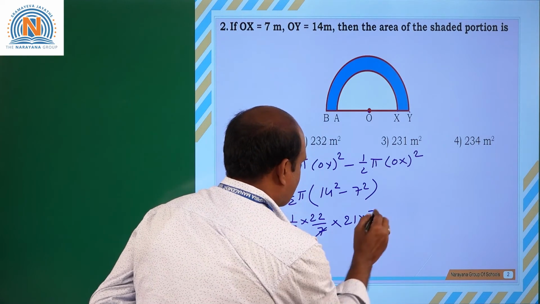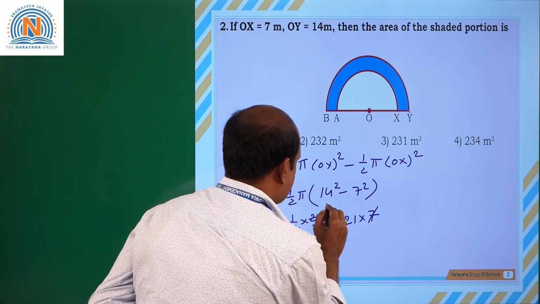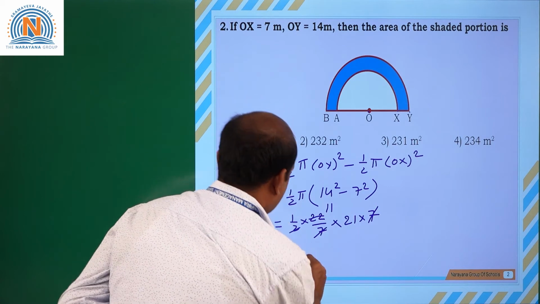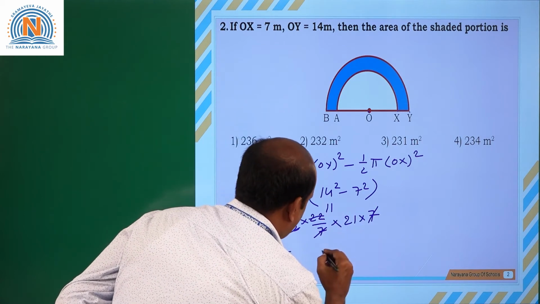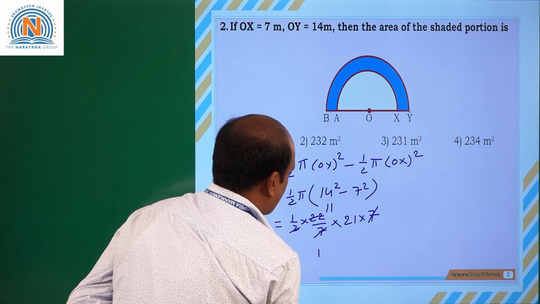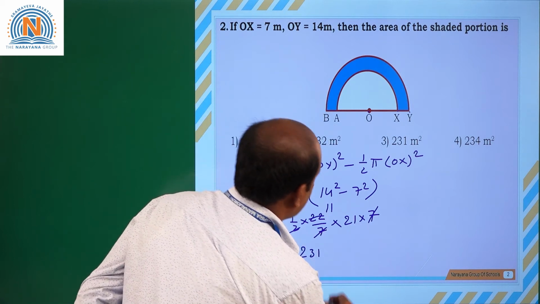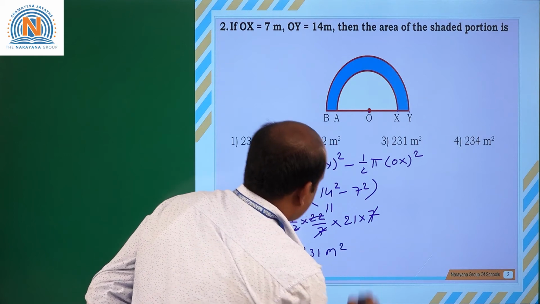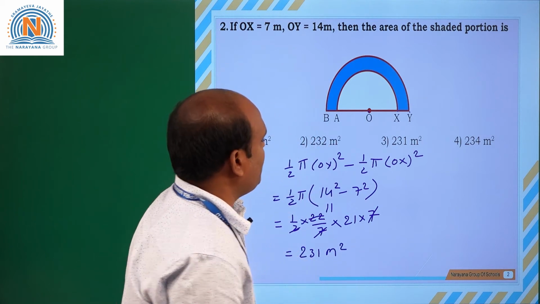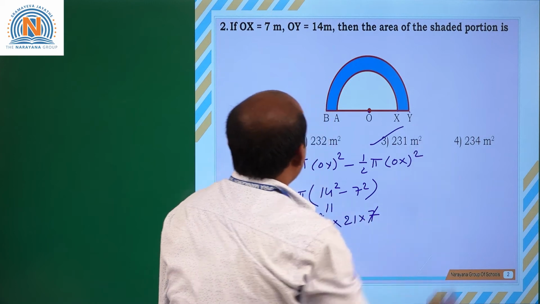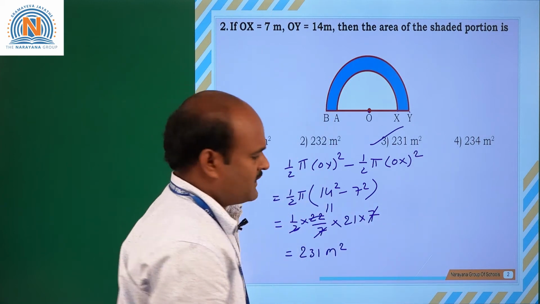So this 7 gets cancelled, this is 11 times 21. 11 ones are 11, 11 twos are 22, 22 plus 1, 23, that is 231 meter square. So option 3 is the correct answer, right?